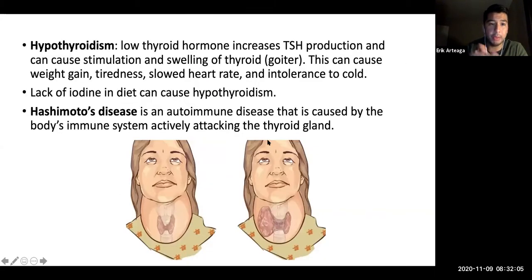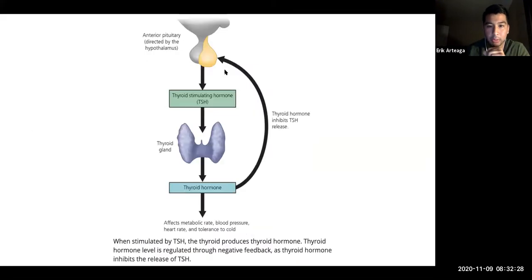So hypothyroidism is low thyroid hormone, which increases TSH production, and can cause the stimulation and swelling of the thyroid, which is goiter. This can cause weight gain, tenderness, slowed heart rate, tiredness, and intolerance to cold. Okay. So remember, hypothyroidism is a lack of thyroid hormone.